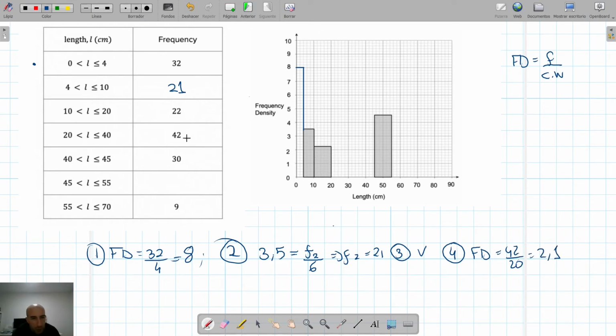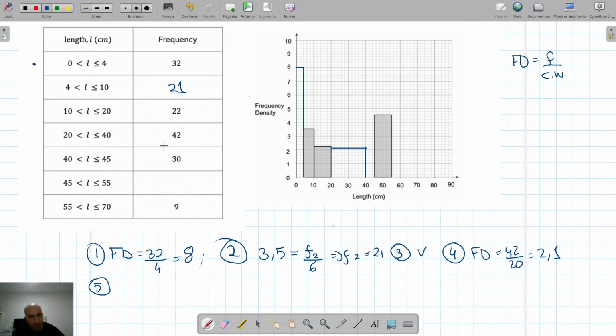So from 20 to 40 we have 2.1, which is more or less that.